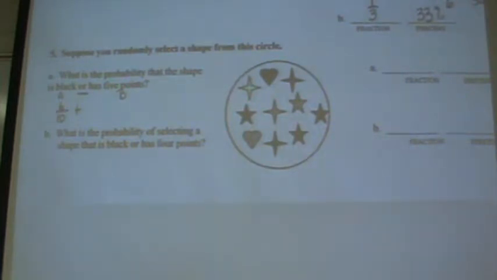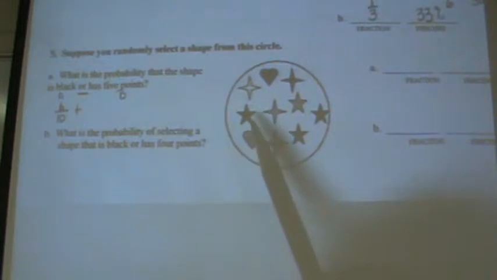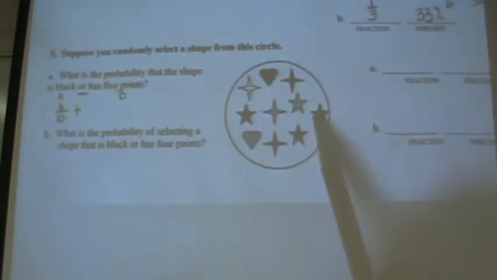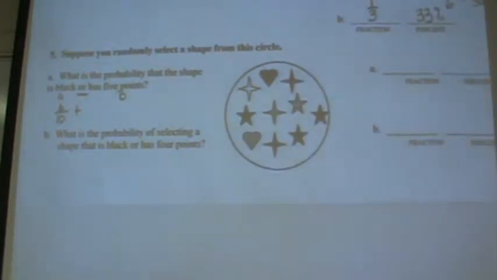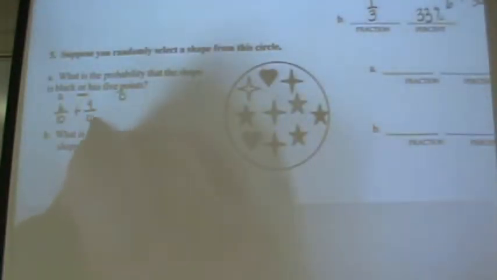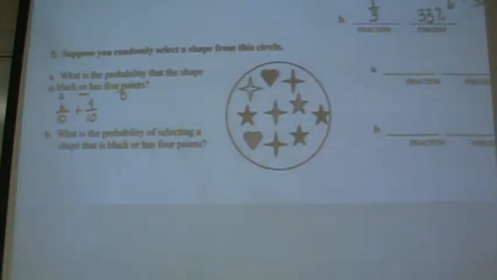So for our probability for event B, we have to find the probability that it has 5 points. Now we're going to count all of our shapes that have 5 points. So we have 1, 2, 3, 4. 4 shapes with 5 points. And that's again out of our 10 original, or our 10 total shapes. Now, to determine if it's inclusive or mutually exclusive, do we have shapes that are black and have 5 points?